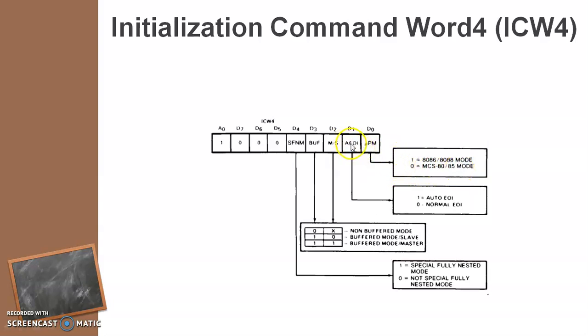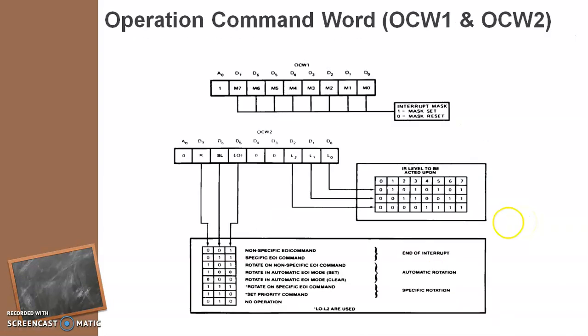Then AEOI, that is automatic end of interrupt or normal end of interrupt. Then whether it is non-buffered mode or buffered mode with the slave, because this is for master slave configuration. And then SFNM, whether it is special fully nested mode or not.